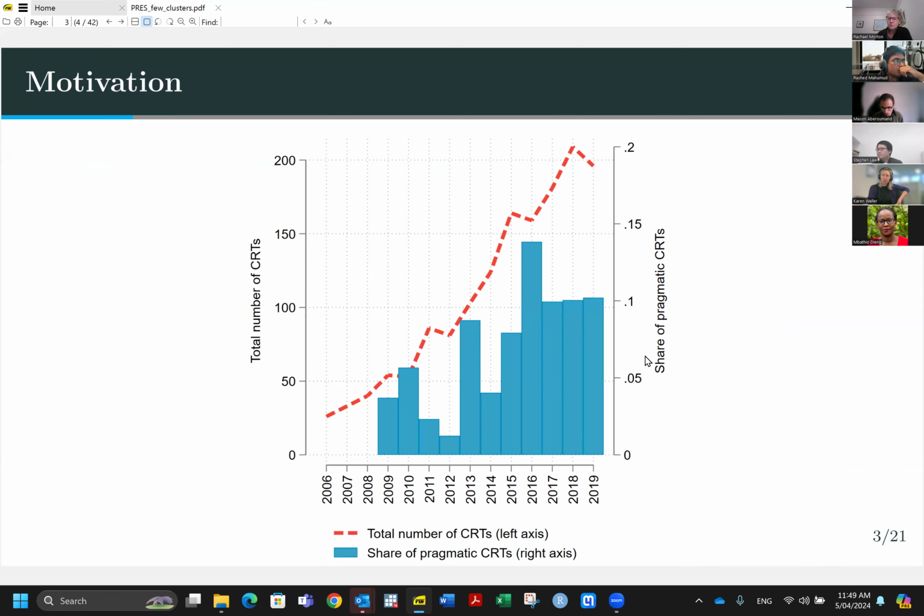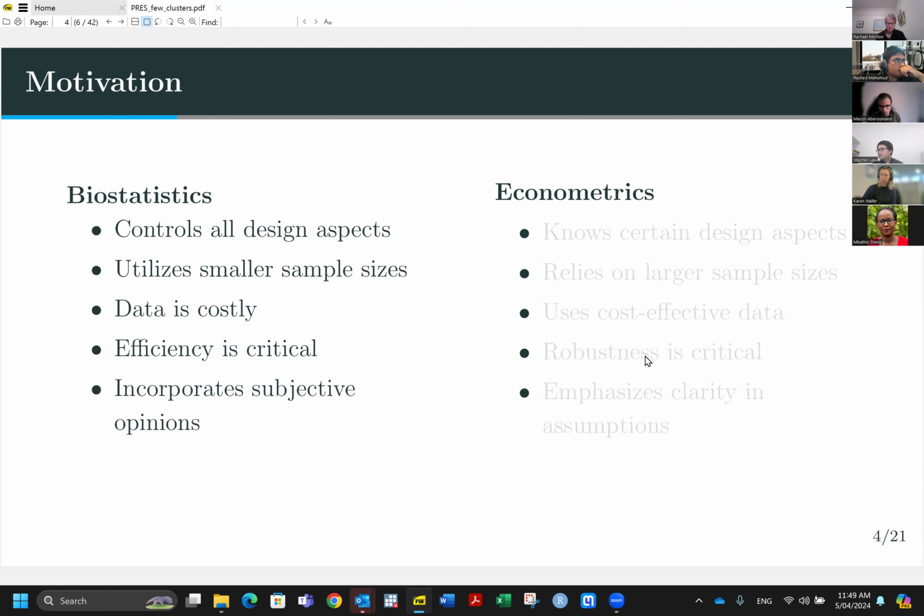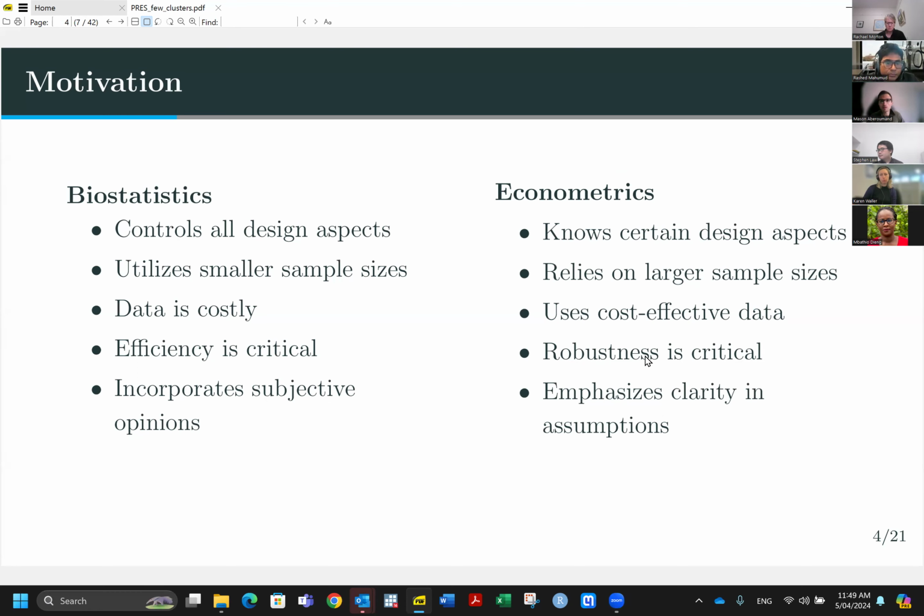My question was first about the sample size you talked about in biostatistics or econometrics. When you say it is larger or smaller, I'm curious how large or how small they are. What is the average larger sample size in econometrics?